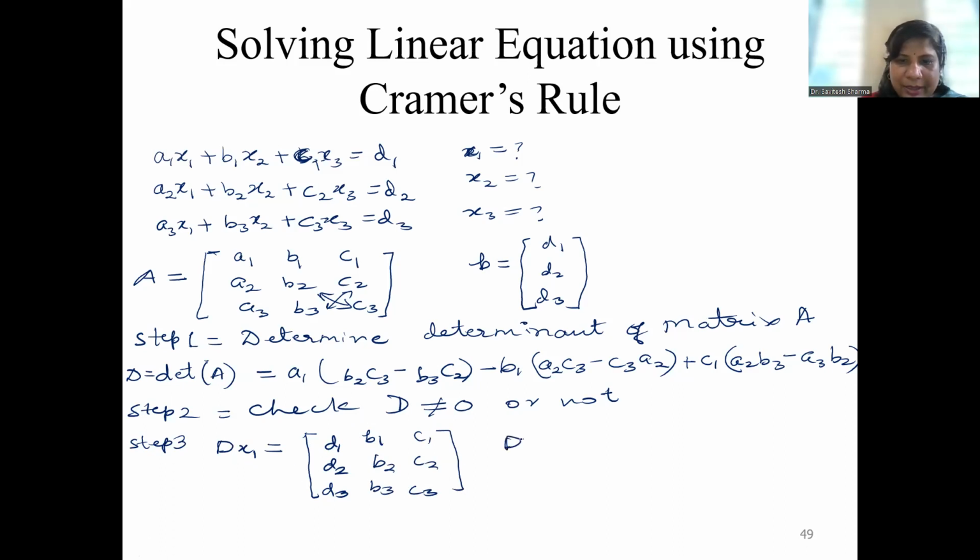Similarly, you will form another matrix dx2 by replacing the second column. The first column will remain the same, a1, a2, a3. The second column you will replace with d1, d2, d3. And the third column will remain the same.